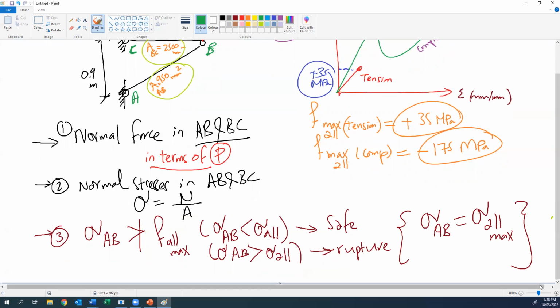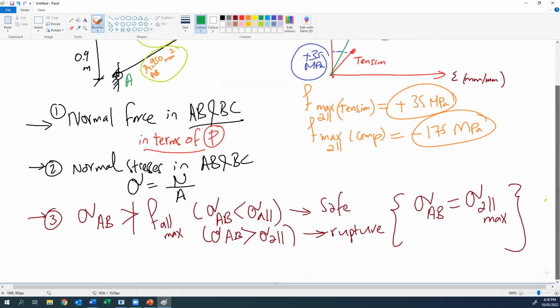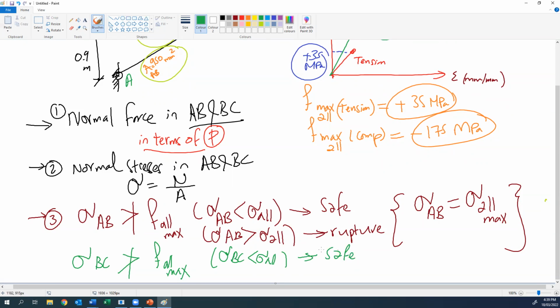Similar to member AB, we will do the same for member BC. Sigma BC as well should be not more than the allowable maximum stress, because if sigma BC is less than the allowable, this means the member is safe. If sigma BC is greater than sigma allowable, this means that this member will be ruptured.